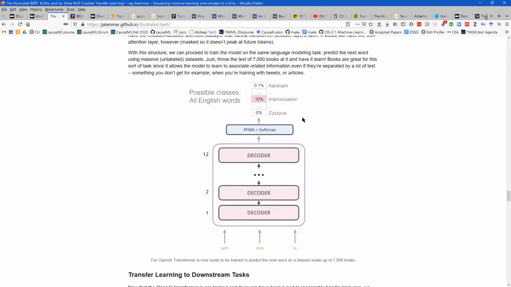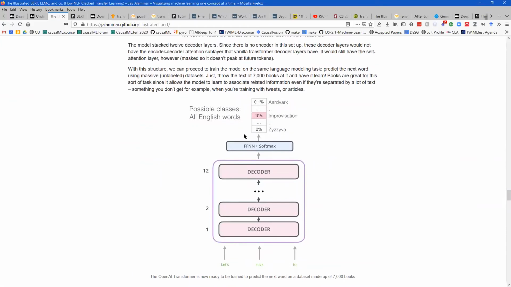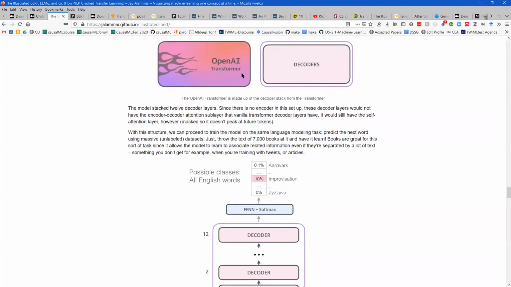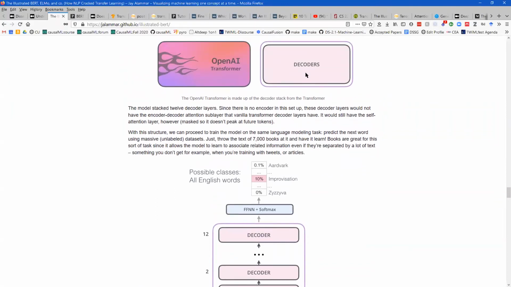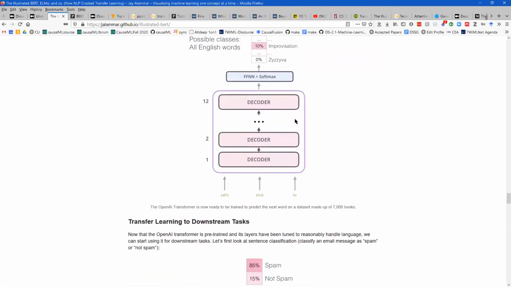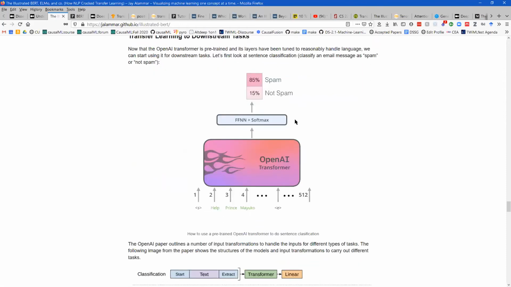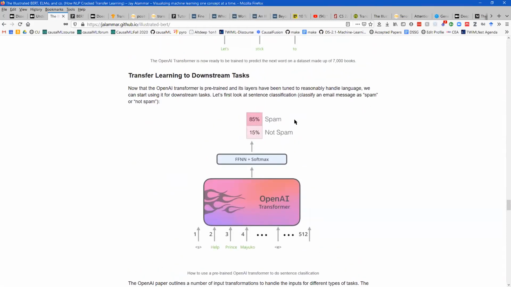So this is what Allen AI does. It trains this OpenAI transformer with a tremendous amount of compute power to be a very good language model, and then it hands it to the community. So you can now download this GPT pre-trained language model, and then apply transfer learning, as we saw in ULMFiT, to another task.